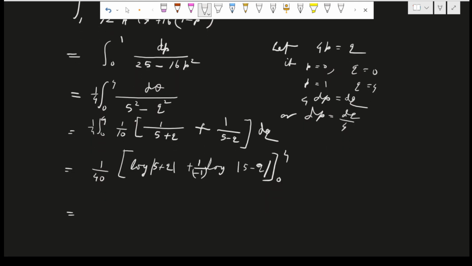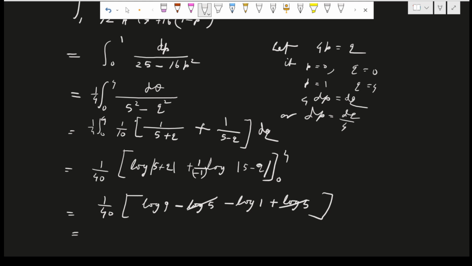Now put first 4 then 0: 1 by 40 times log of (5 plus 4), that is 9, log 9, minus, whenever 0 is put for q, log 5 minus log 5 cancelled, log 1 is 0.